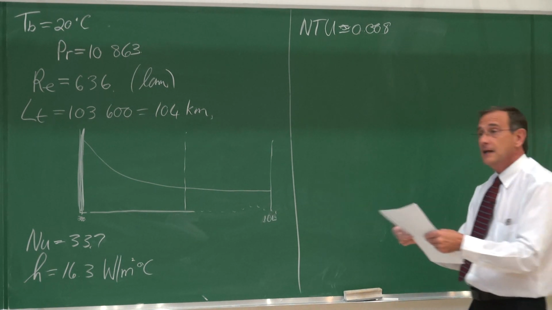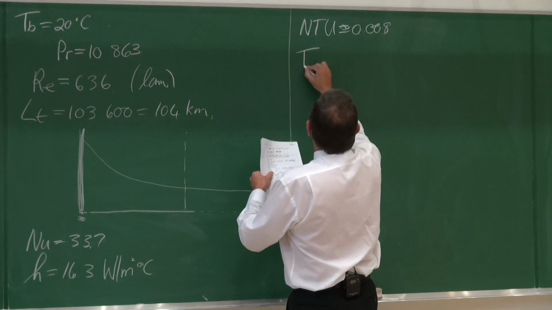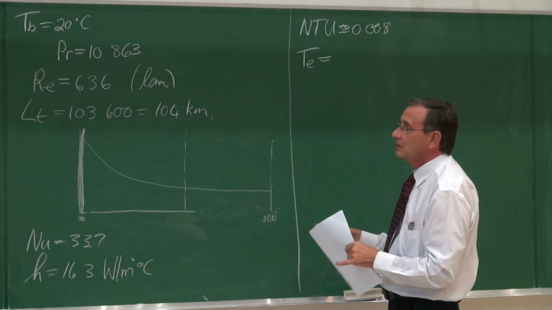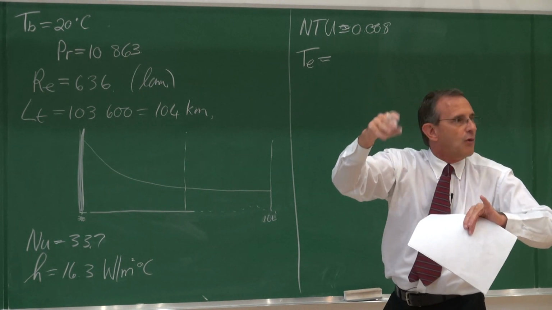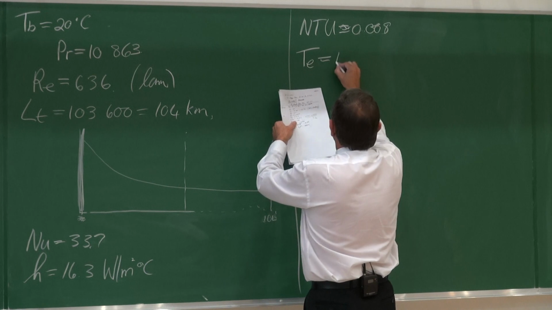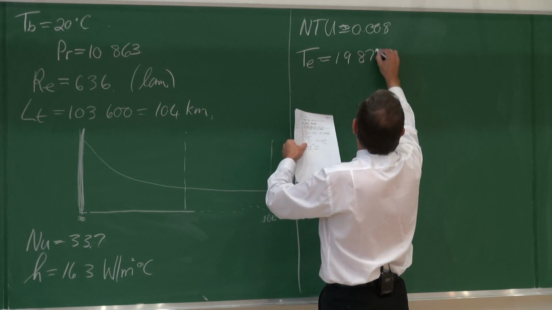Right, so let's calculate the outlet temperature. If we calculate the outlet temperature based on this equation using the inlet temperature, the wall temperature, and e to the minus NTU, the outlet temperature is 19.87.